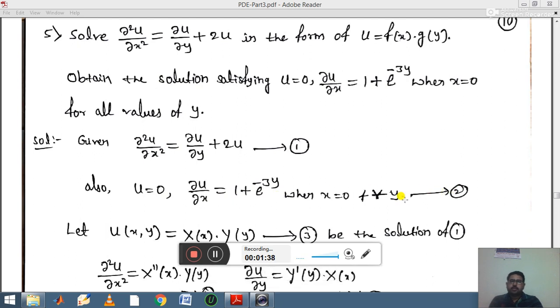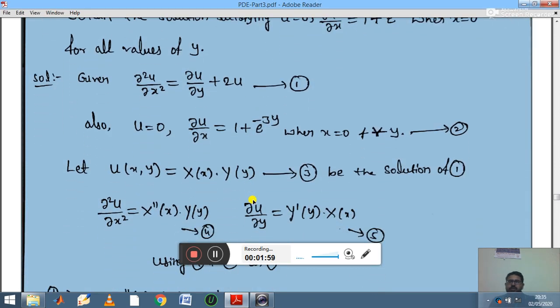Equation 2 represents u = 0 and ∂u/∂x = 1 + e^(-3y) when x = 0, for all values of y. Please remember this second condition.